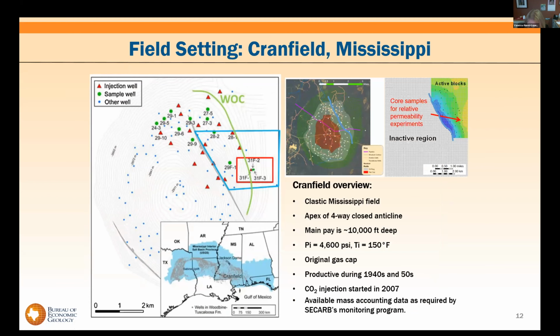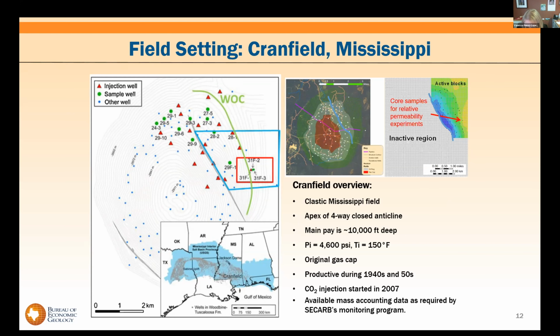For the subsurface model, and I don't want to go too deep into that, we selected Cranfield as we were very familiar with the field. It was part of one of our flagship monitoring programs that we conducted. And it's a field that is actually very deep, 10,000 feet deep.